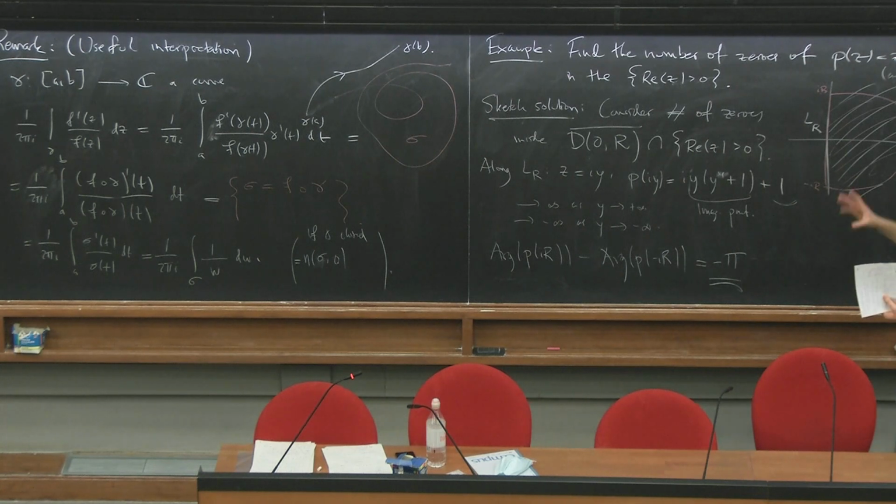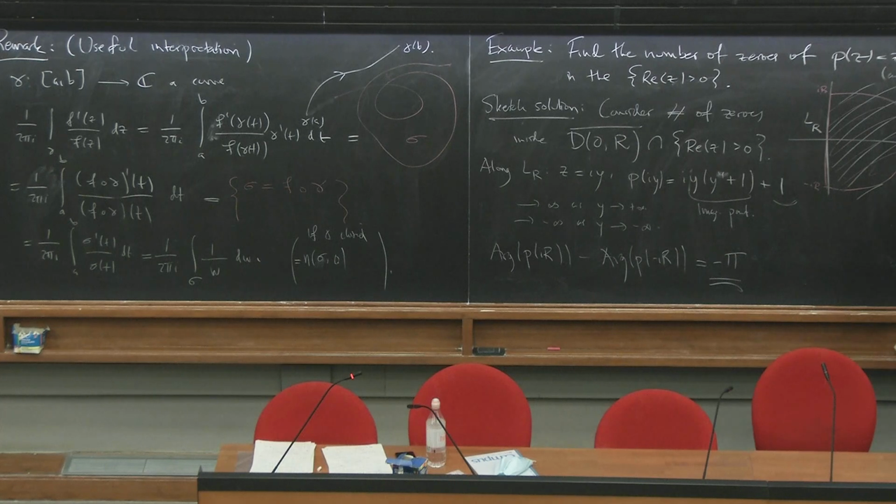So if by an approximate argument I can say that the change in argument is roughly 4 pi, then it has to be exactly 4 pi, because it's a closed curve, so it has to wind around an integer number of times.